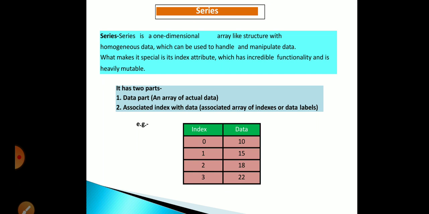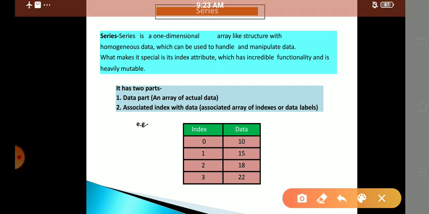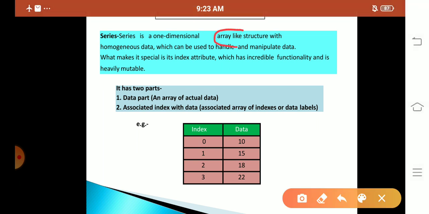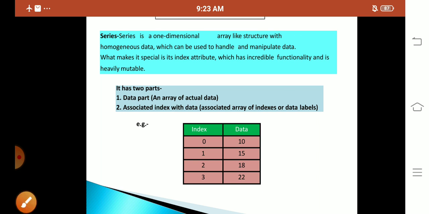Series is a one dimensional array like structure with homogeneous data. Since it is an array like structure, you should keep in mind which package we will use for that? NumPy package. So series is a one dimensional array like structure with homogeneous data type.